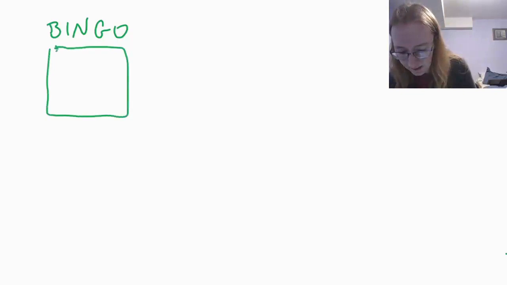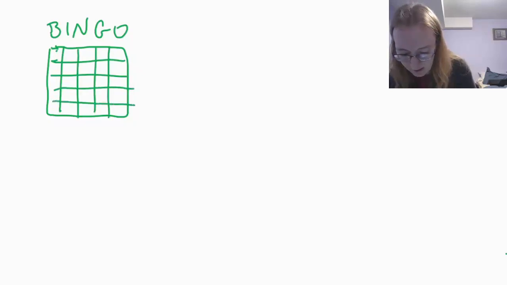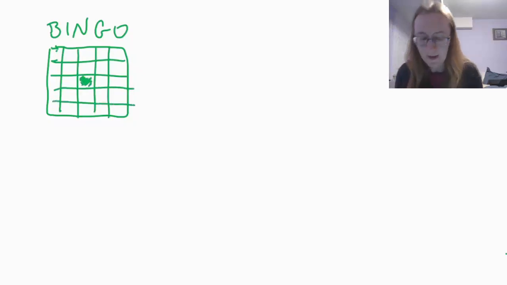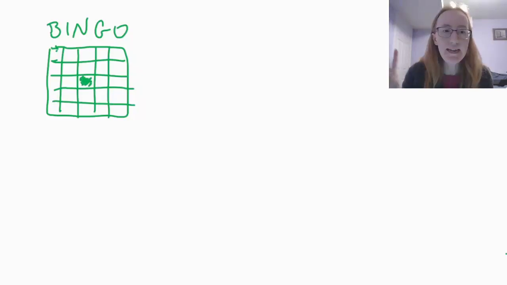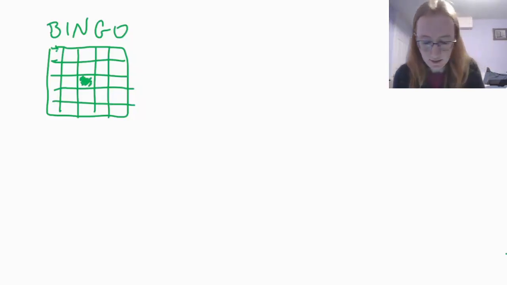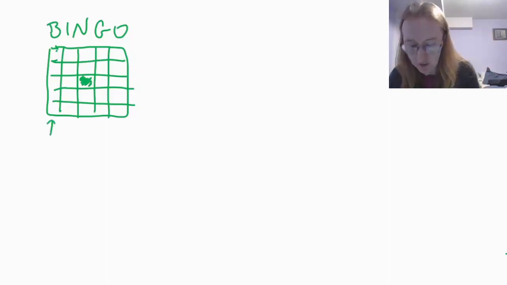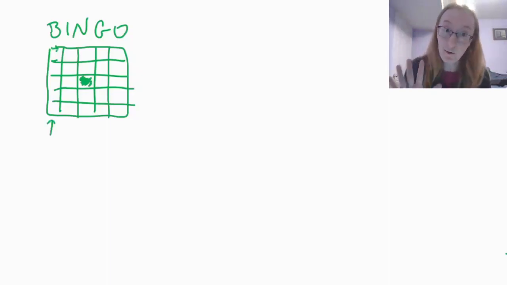So it's like this, and this space is a free space. And then the B has to be between 1 and 15, is that right? Yes. So under the B column, we're going to choose 5 numbers without replacement, because the bingo card can't have 2 of the same number on it, from 15 possible numbers.